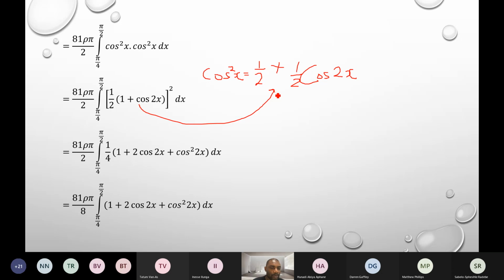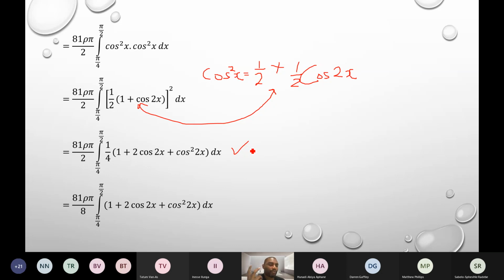Is that okay? There's no difference. Then if you expand, you're going to get this next step here. And then I decided to take 1/4 outside, so it multiplies what is outside.